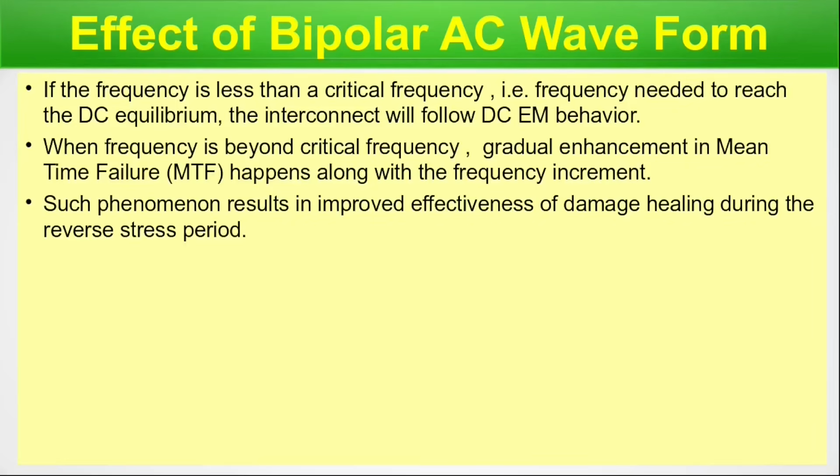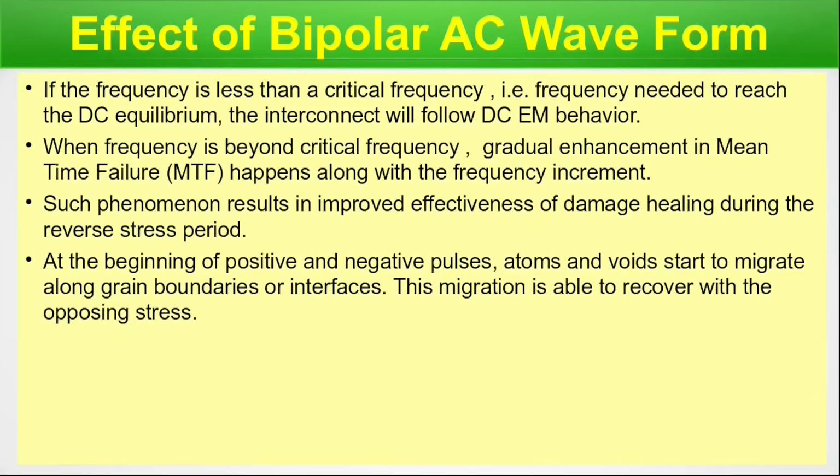Because the direction of the electron wind is completely opposite, the momentum transfer to the metal ions is also in a different direction. So in the first half of the swing, or the positive swing, whatever amount of void was getting created, in the second half, that means the opposite swing, those voids will be healed a bit.